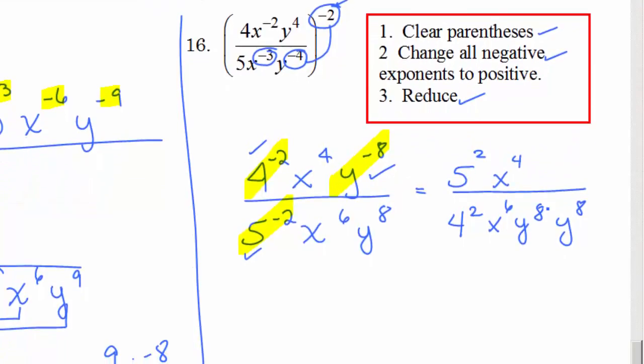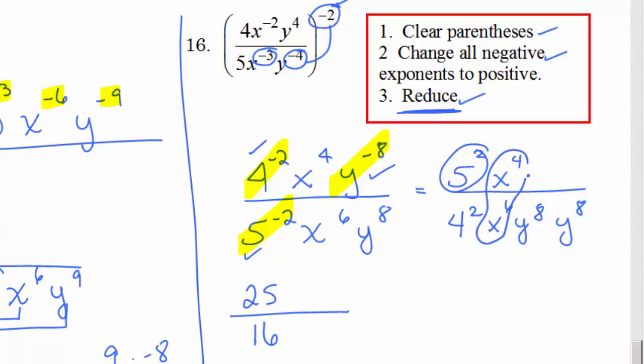All right. Now, reduce, clean it up. Let's see what I've got. So 5 squared is 25. 4 squared is 16. What can I do with those x's? Where are there more x's, top or bottom? On the bottom. So I'm going to keep the x's on the bottom, and I'm going to subtract 6 minus 4, which is positive 2.